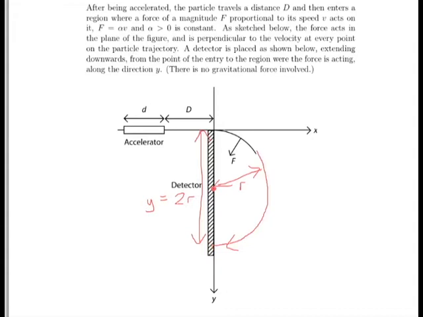So let's begin by writing out our equation for circular motion, which is F equals mv squared divided by r, and plugging in the values that we know. Okay, so the question tells us that F equals alpha v, where alpha is a constant that's greater than 0. It's just telling us that the force is proportional to the velocity.